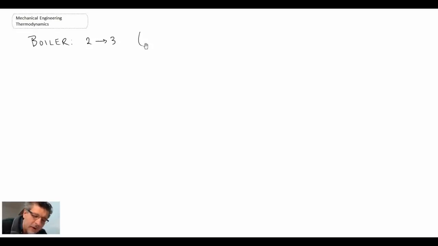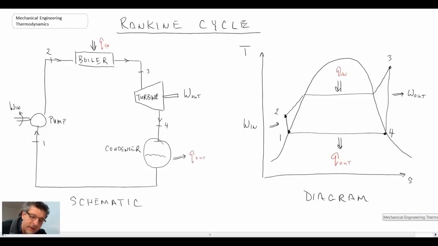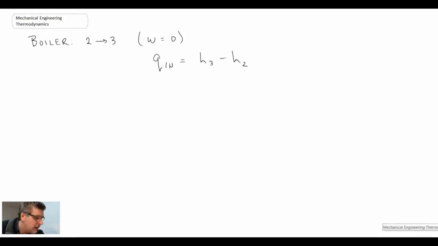That's what's making it work. However, there's no work in the boiler, so we can write work is equal to 0. Then the steady flow version of the first law turns out to be the following, and it's pretty simple. It's just the change in enthalpy across the boiler between state 3 and state 2.